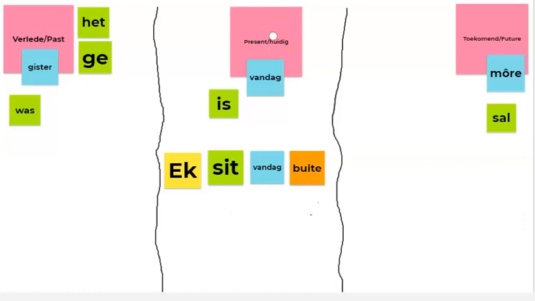Good. So when you start with Afrikaans, I think there are some basic rules that you need to remember about sentences and sentence structure. The first thing that you need to know is that you have certain words that will always be, I almost want to say, in a time zone of their own. If you watch television or movies, you might know that people have spoken about time travel.